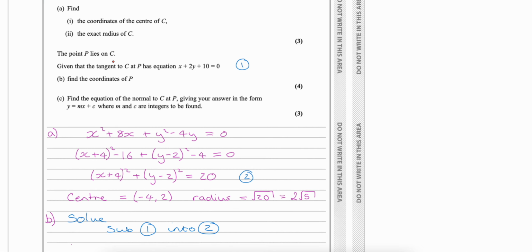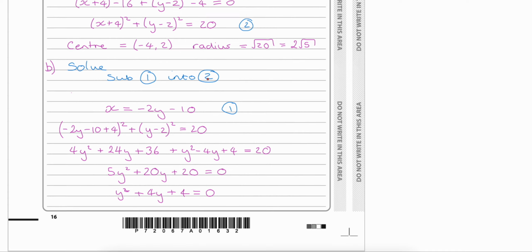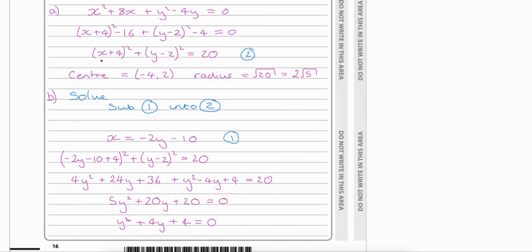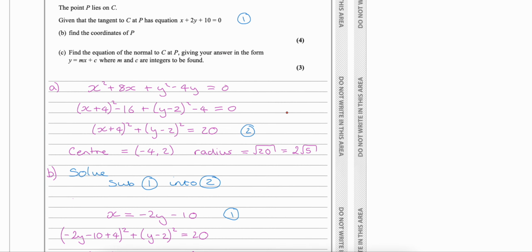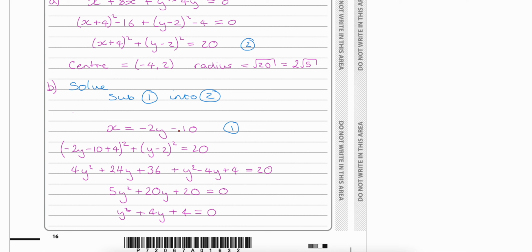The point P lies on circle C. Given that the tangent to C at P has this equation, find the coordinates of P. So, okay, we know what the formula for the circle is. And we also know that rearranging our straight line, x is minus 10 minus 2y.